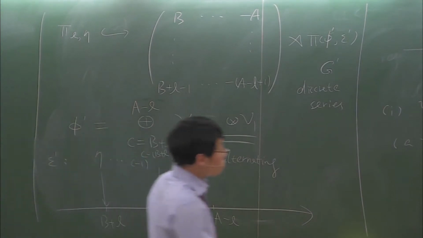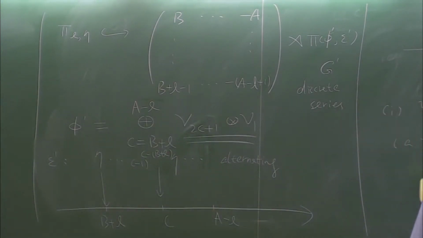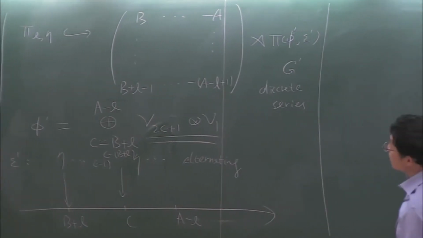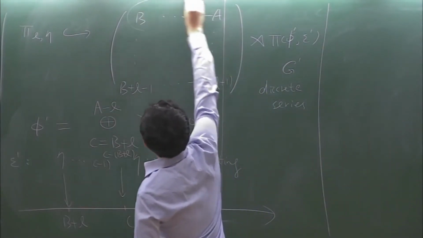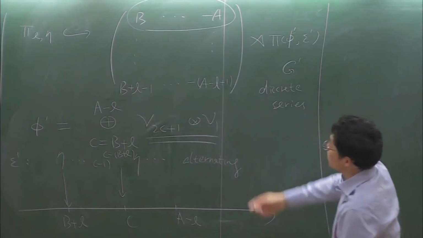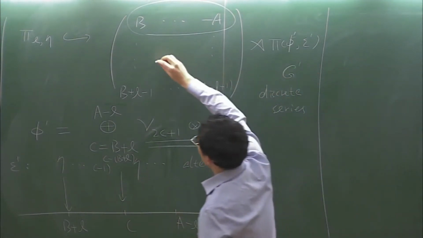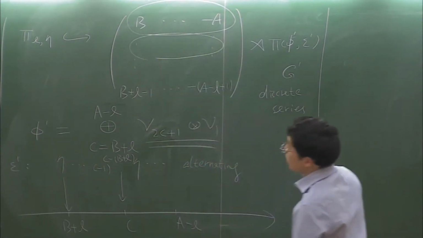And from this description, you can actually read out the Langlands parameters. So what is this Langlands parameter? In fact, to get the Langlands parameter, you have to break up all this matrix. Remember that each row represents a Steinberg representation.